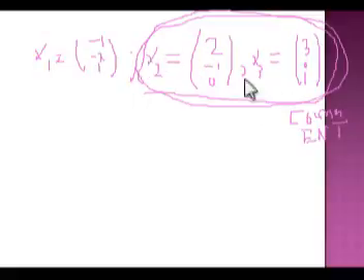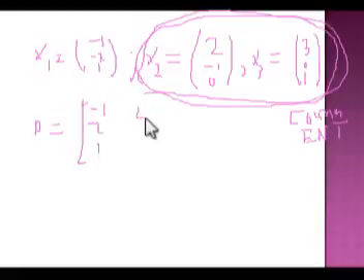So we already have three eigenvectors. Now you can make the model matrix very easily. P, the model matrix, will be just taking the eigenvector values: minus 1, minus 2, 1; 2, minus 1, 0; 3, 0, 1.